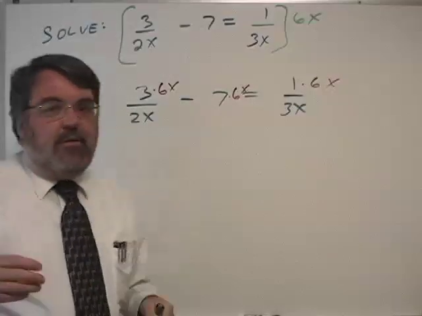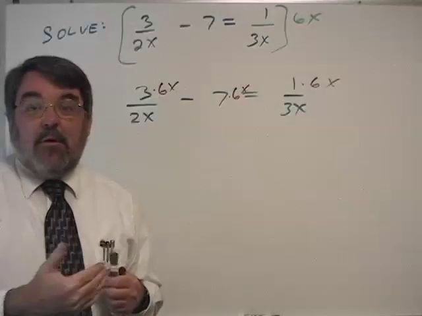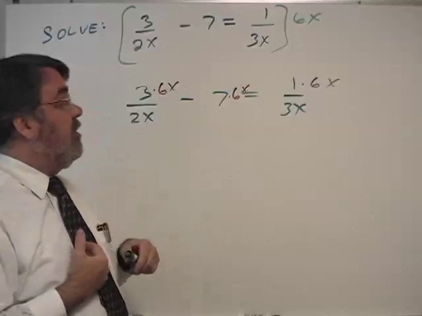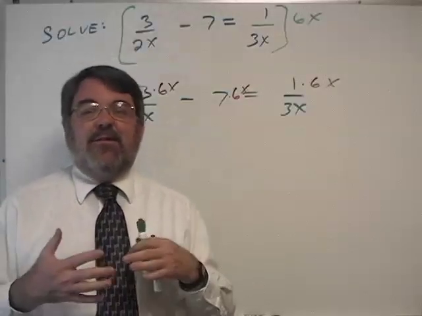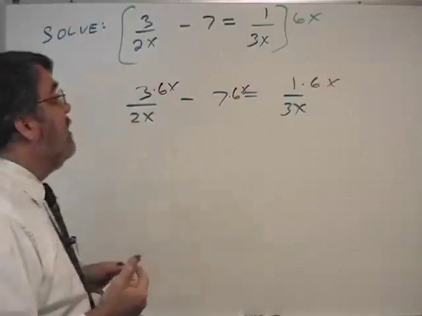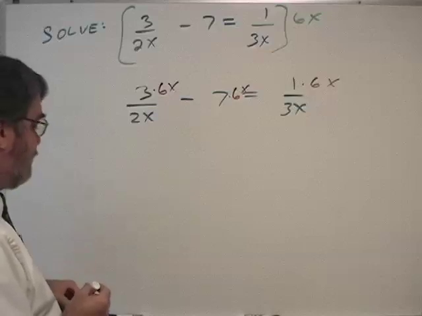If you've chosen a common denominator, then the denominators will all cancel off. You will clear the fractions. But our real goal is to find the least common denominator, because that produces the smallest numbers and the smallest powers of terms. 6x was the least common denominator here, as it turns out.